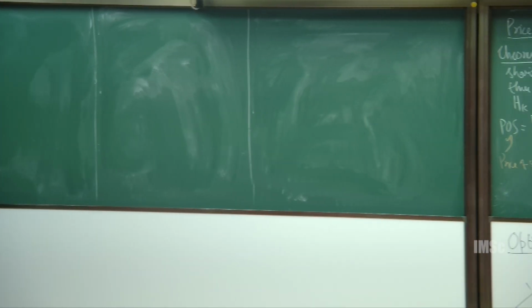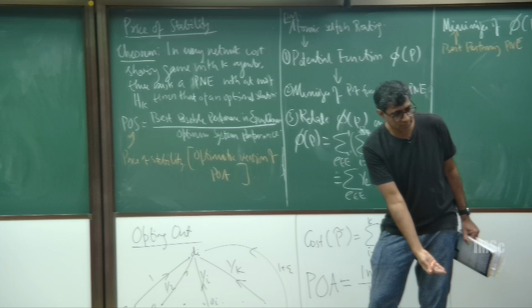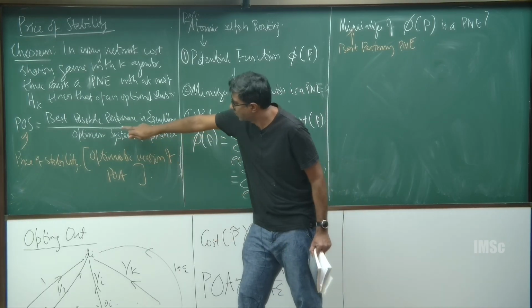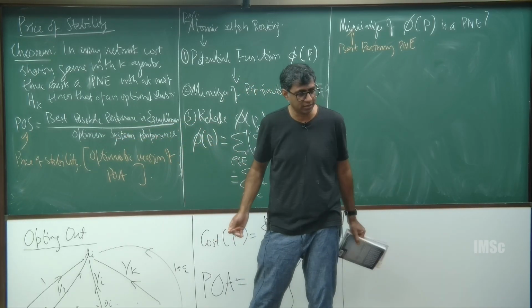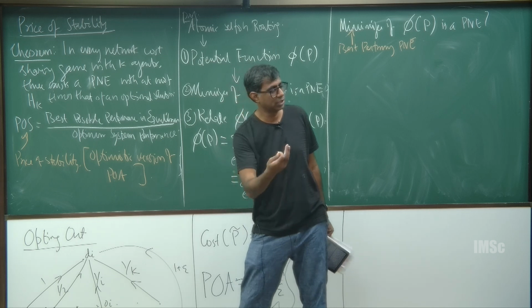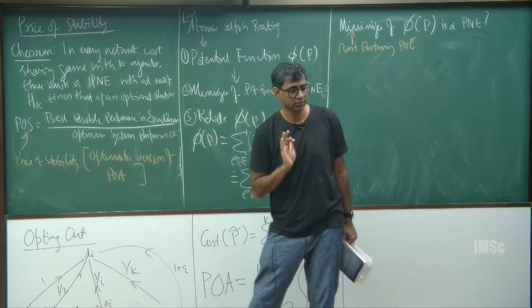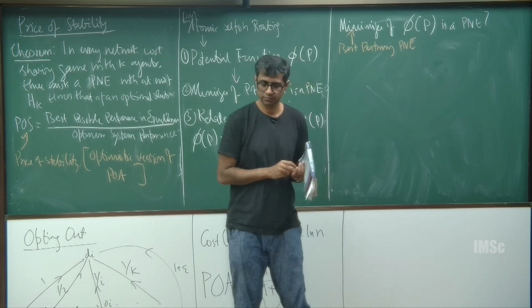It may not be true. It is just a PNE, so if I can say that even for this one it is at most ln n, then if I replace it with an even better performing one, my approximation can only go down, it cannot increase. That is it.